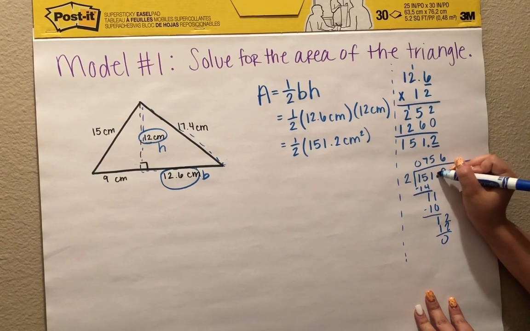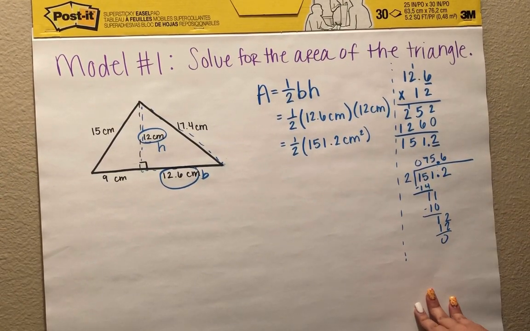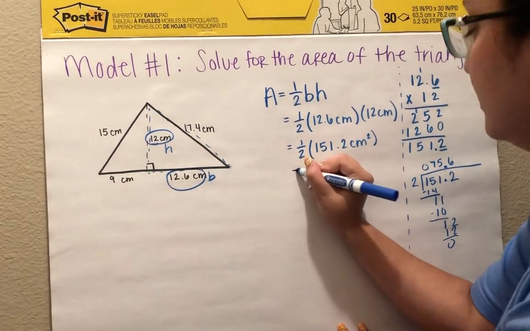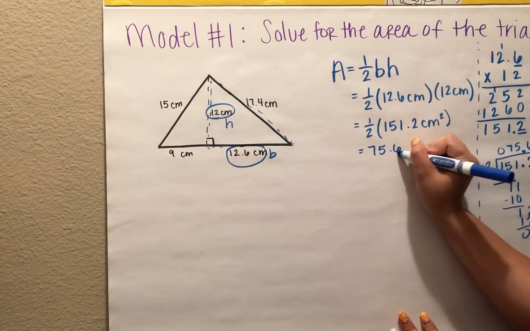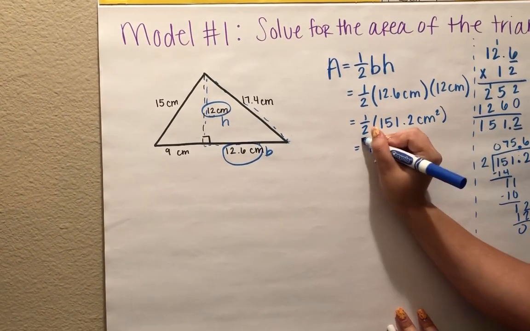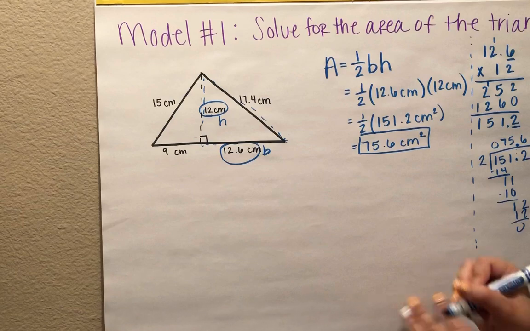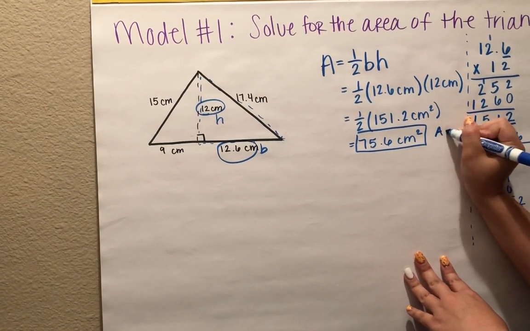And bring up that decimal. So my final answer there is 75.6 centimeters squared. But this is for my area 1.